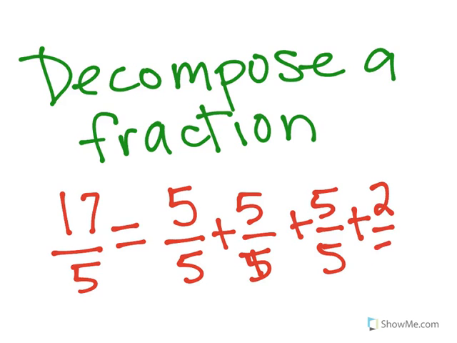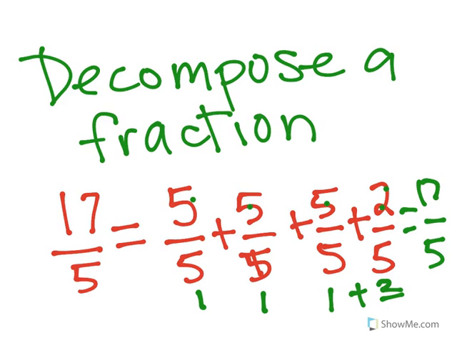You're right, plus 2/5 gives me 17/5. 5, 10, 15, 16, 17 gives me 17/5. I have decomposed the fraction. Now I can say 1 plus 1 plus 1 plus 2/5 is 3 2/5.